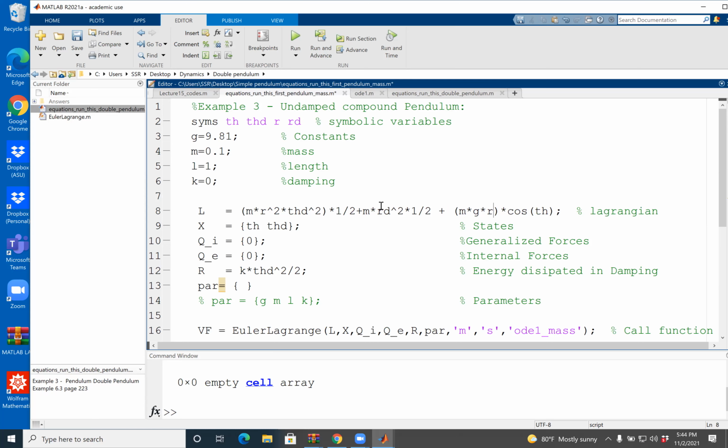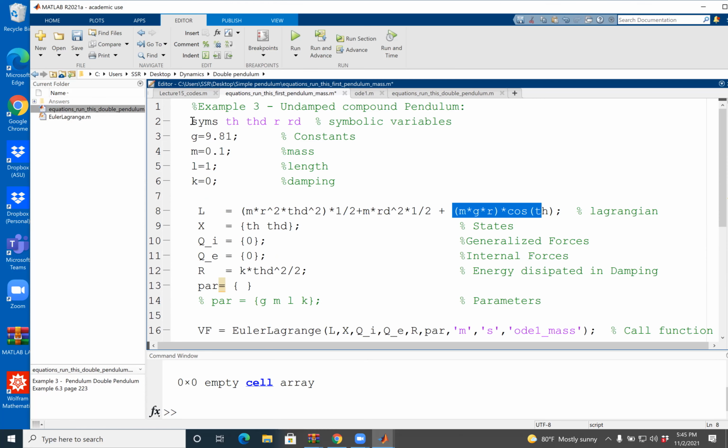Just make sure that I coded this equation correctly. First is mass r square theta dot square multiplied by 1/2 plus mass times rd square 1/2 plus mgr cosine theta. Everyone okay with this?